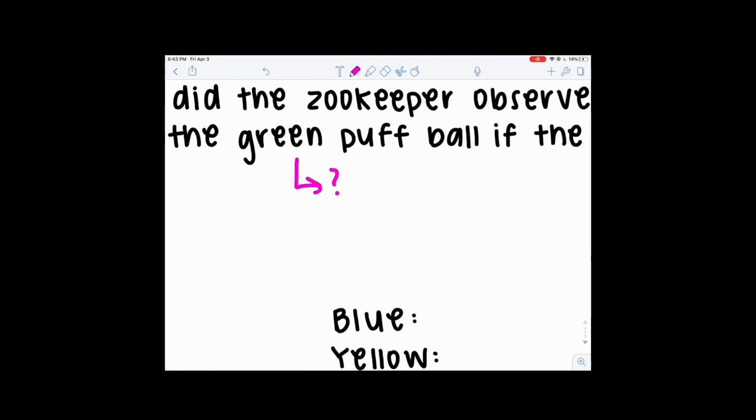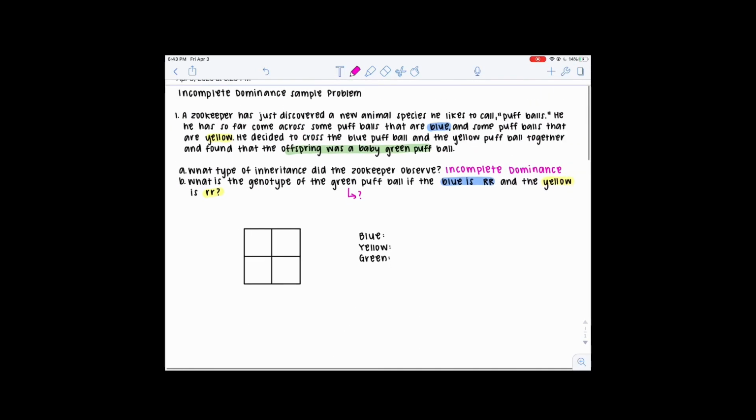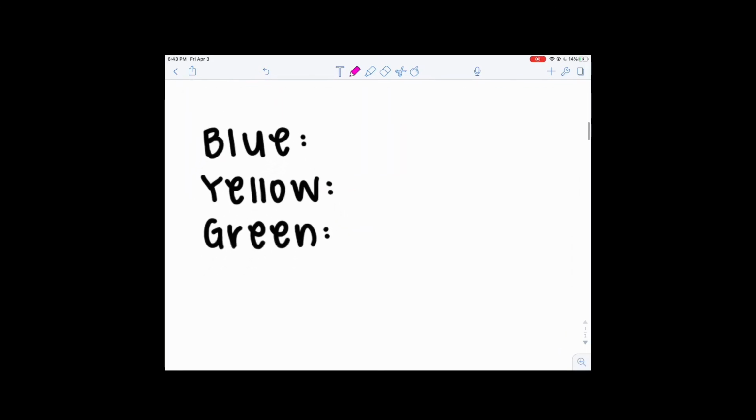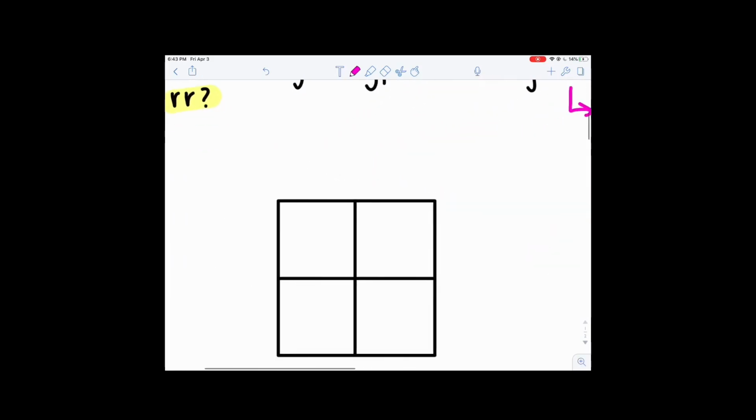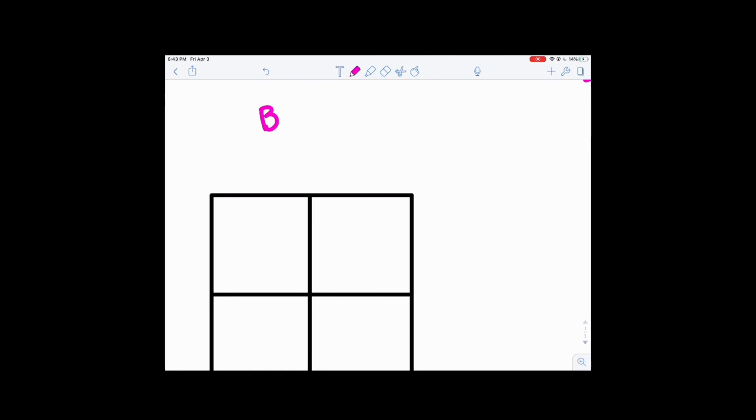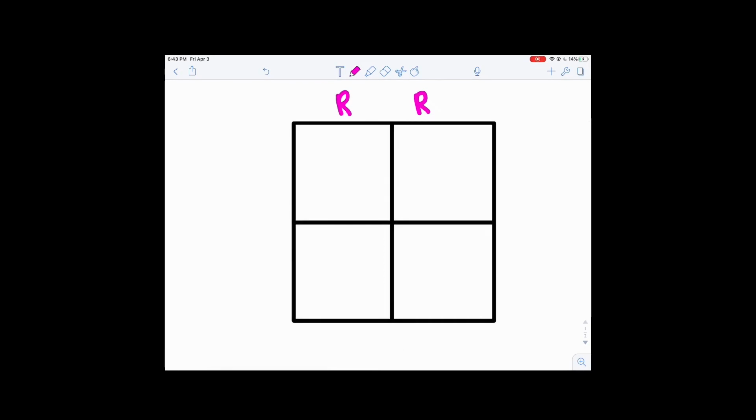So we know we are trying to figure out what the genotype of the green puffball is. We can just write down that the blue is the homozygous dominant individual and the yellow is the homozygous recessive individual. So we can label our Punnett square as blue at the top, and we can label the yellow on the side, which will be the 2 lowercase r's.